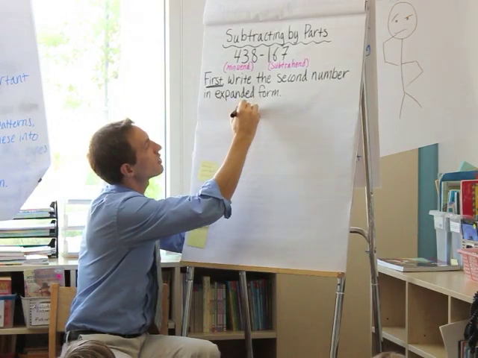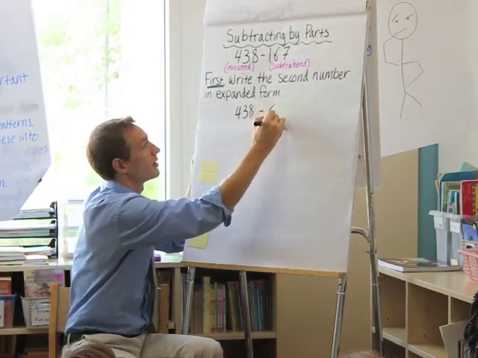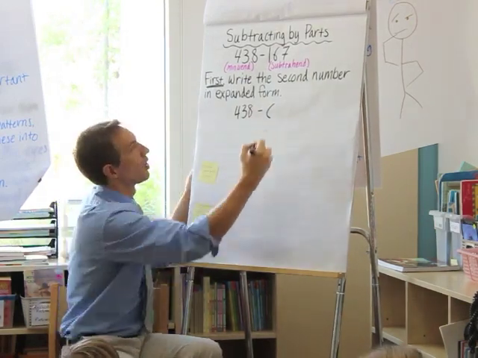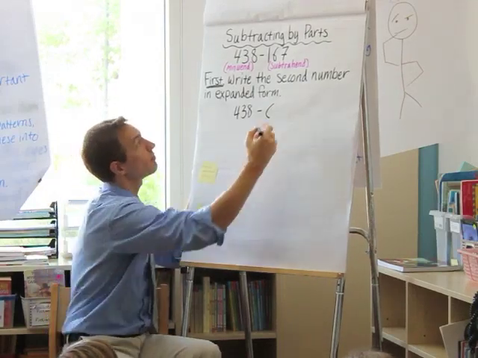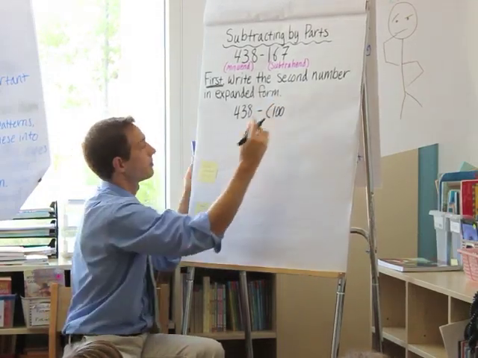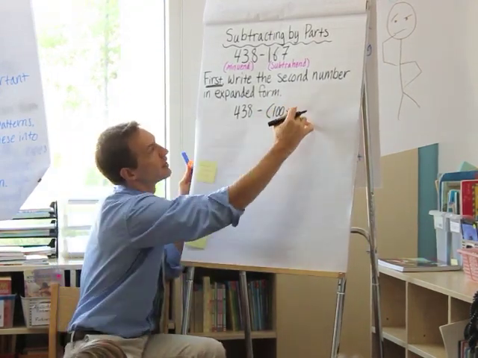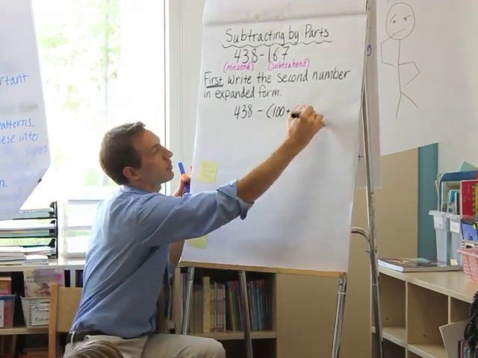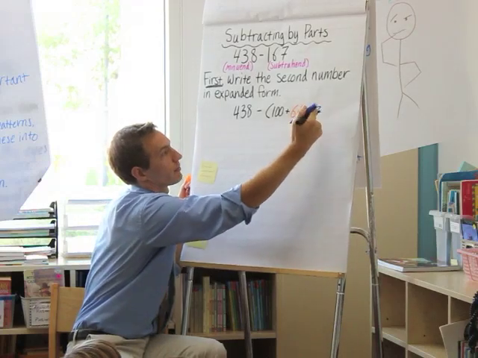I'm going to write 438 minus, now I'm going to get some colors here. I'm going to break 167 up in expanded form. 100 plus 60 plus 7.